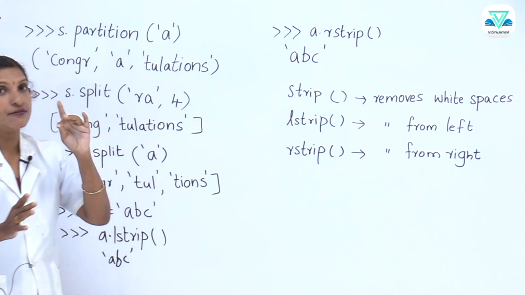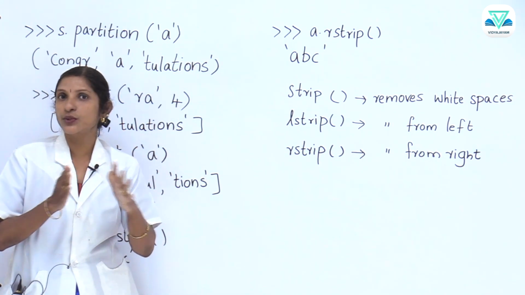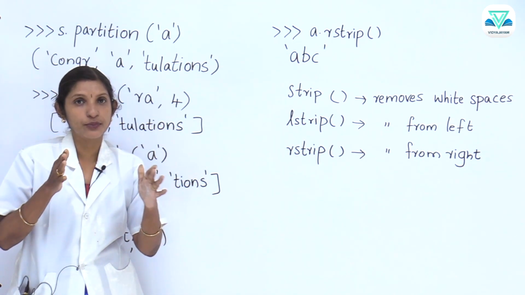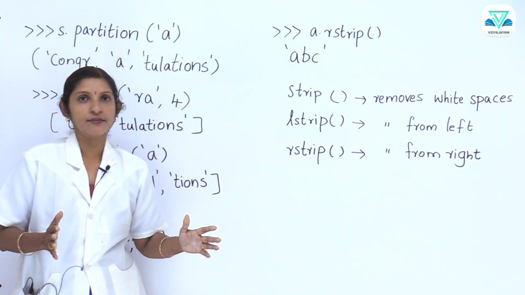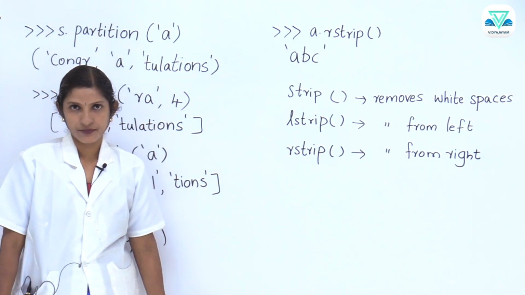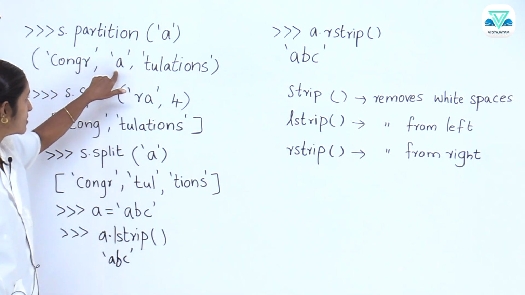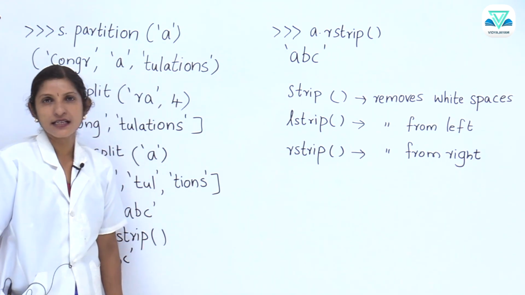So the first time that letter comes, the word is broken into 2 sections or 3 sections, whatever remains. Likewise here, a is coming, so this a will be separated, and the rest of the word will be written separately.